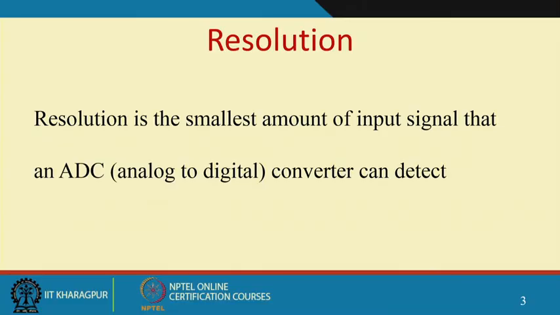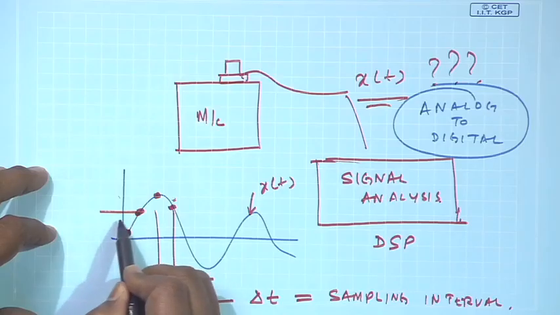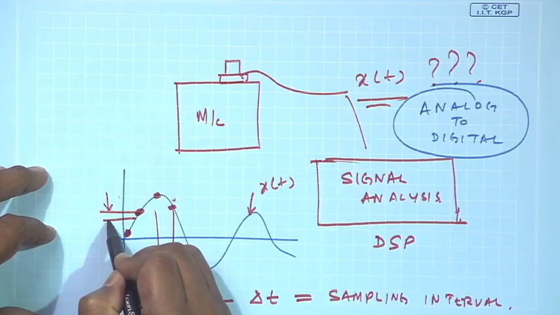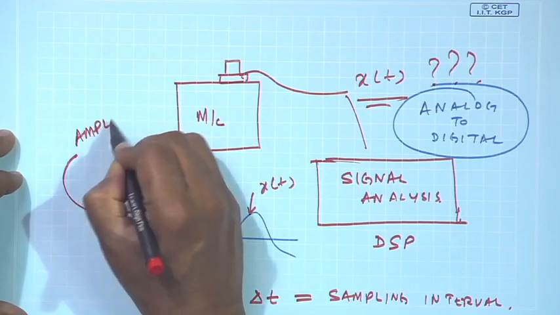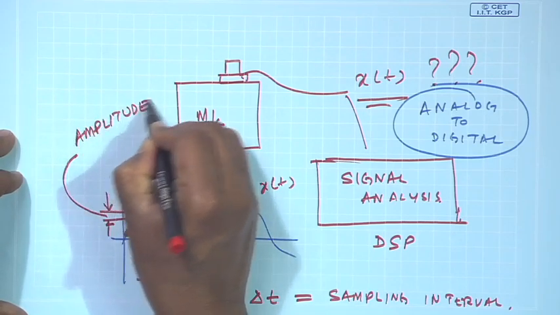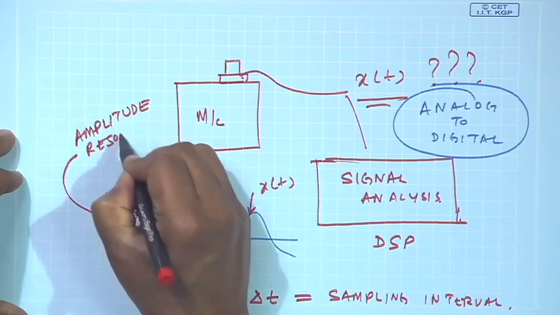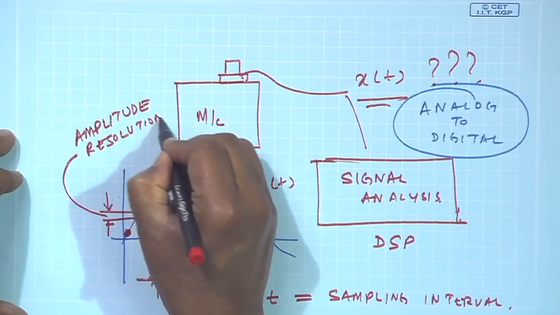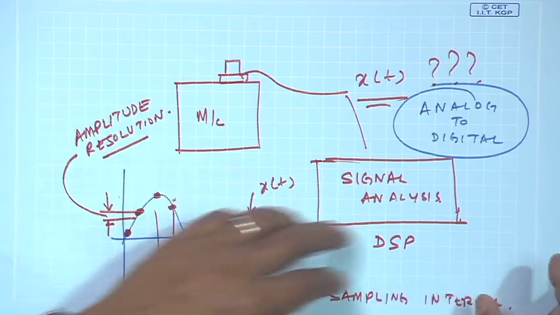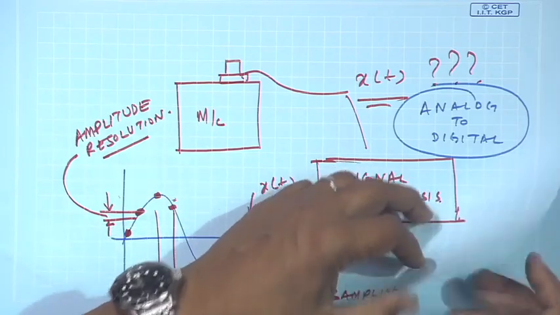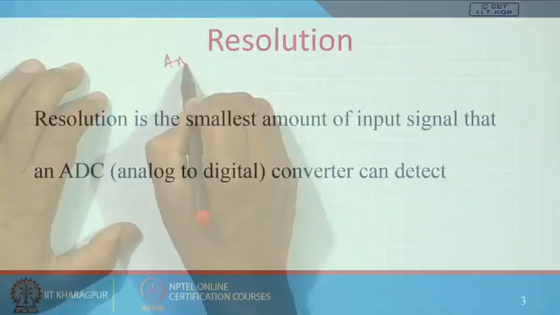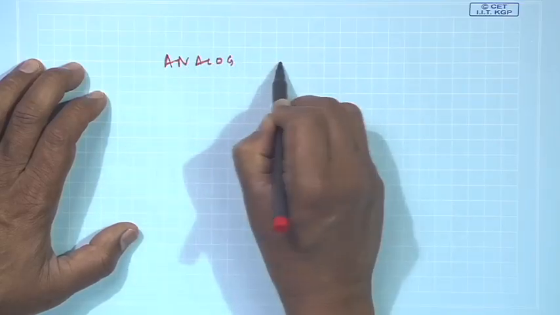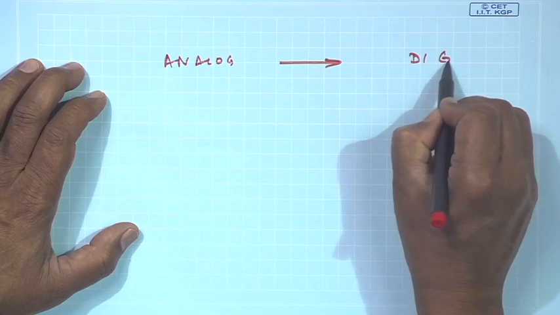And then another quantity is resolution. What is the minimum value the signal can be sensed? I will give you an example here, because all the signals which are digitized, I have an analog domain and then I have a digital domain.